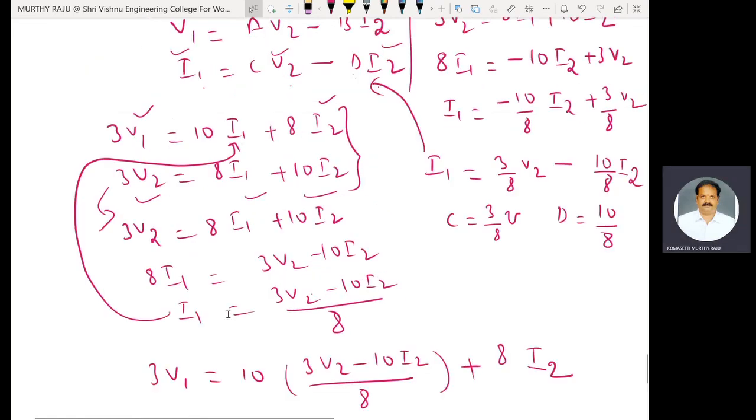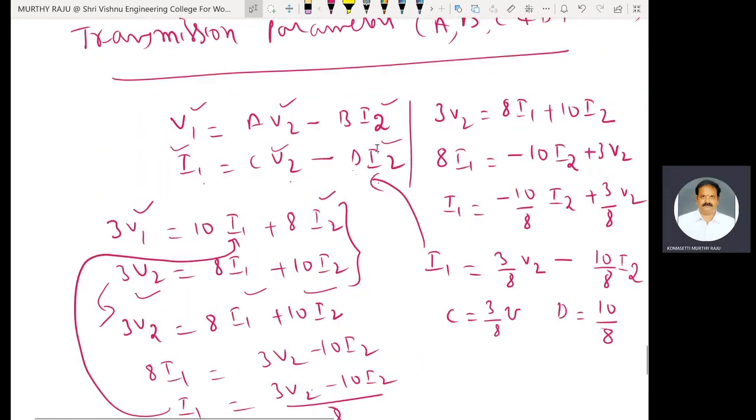Solve this one and we will get it in the form A and minus B.